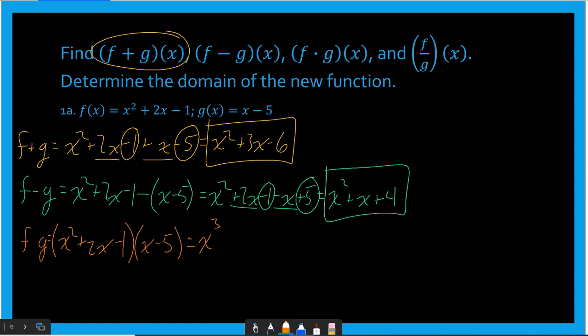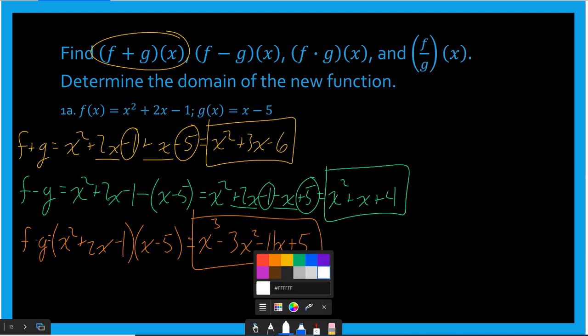Then I can move to my x squared term, so x squared times negative 5, so that's negative 5x squared. 2x times x is 2x squared, so negative 5x squared plus 2x squared is negative 3x squared. Alright, then I have my linear terms. 2x times negative 5 is negative 10x. Negative 1 times x is negative x, so that's going to be negative 11x. And negative 1 times negative 5 for my constant term is going to be positive 5. So that gives me x cubed minus 3x squared minus 11x plus 5.